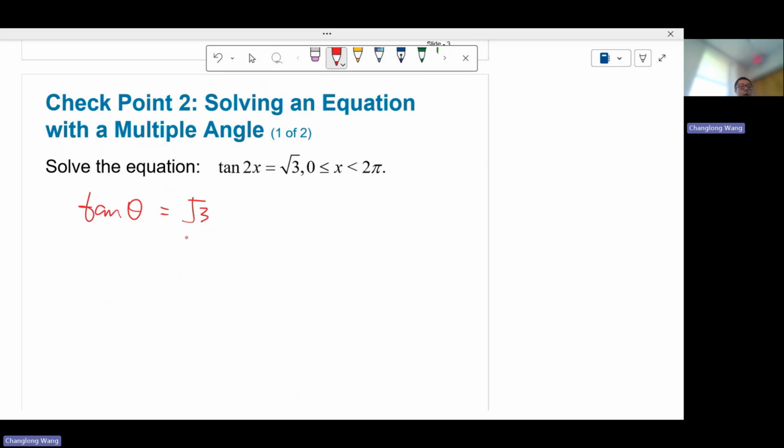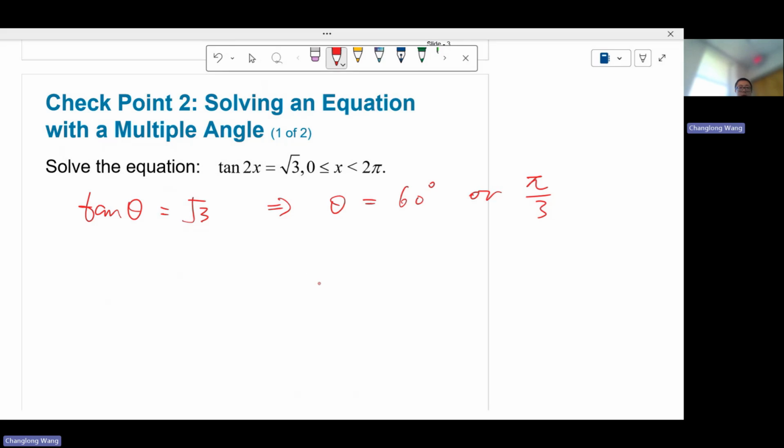But I do want everyone to see, however you do it at this point, using the calculator or looking it up, right? It turns out that angle theta is 60 degrees. Okay, or you guys know in radians it will be pi over 3, right?